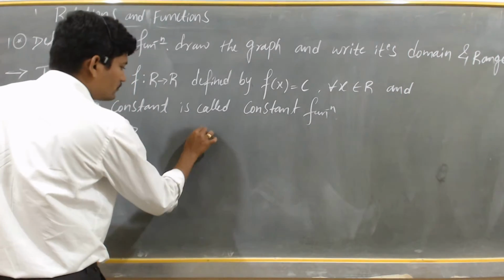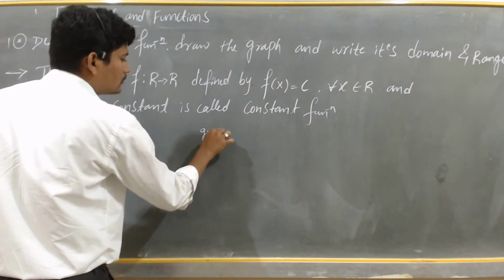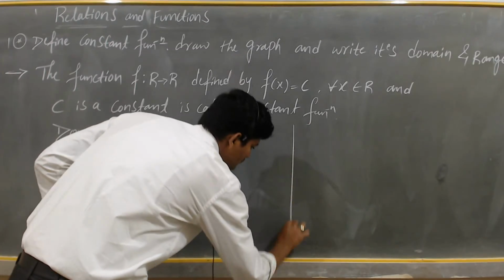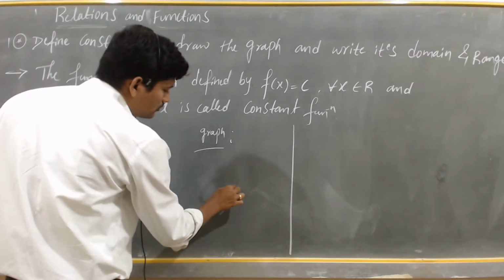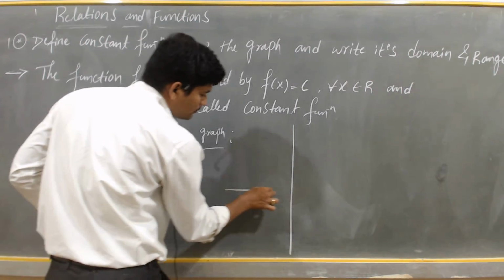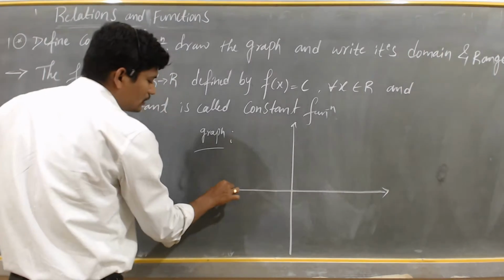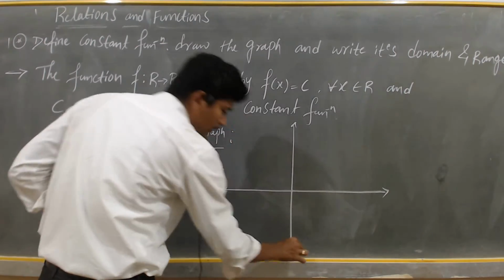Now this is your graph. All of you, dear students, must make a new notebook for graph purposes, because these are graph related problems, and then only you will get the correct idea about this concept.